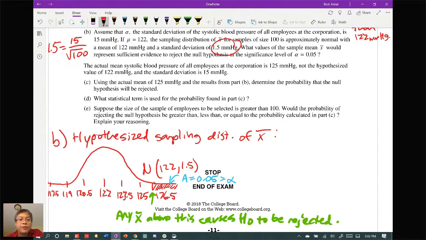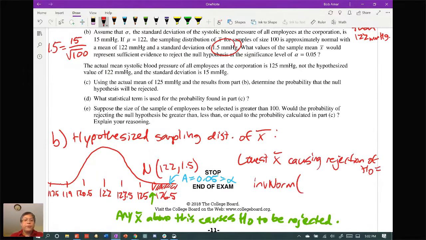The lowest x bar causing rejection of the null hypothesis is going to be equal to, and here I think it's important to use invNorm.